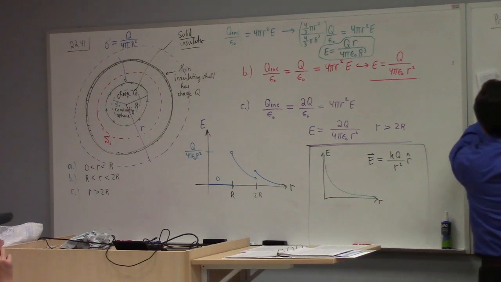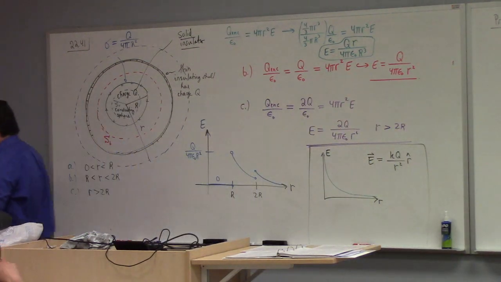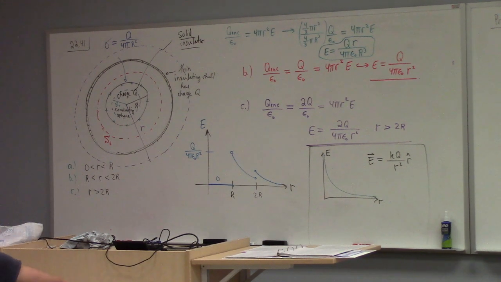So again, we're looking at 22.45. Part A: in terms of alpha and A, what is the magnitude of the electric field a distance r from the center of the shell, where A is less than r is less than B?